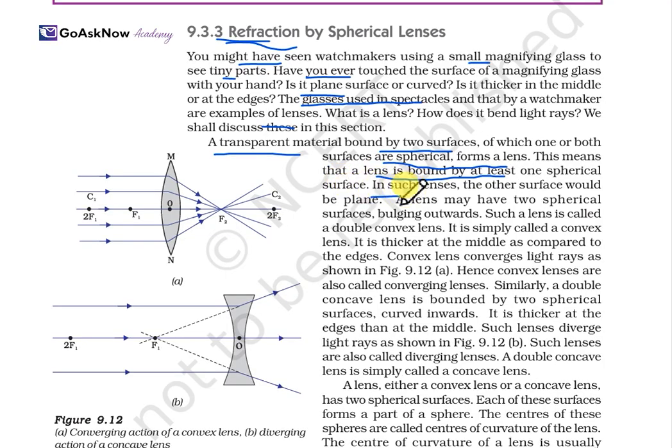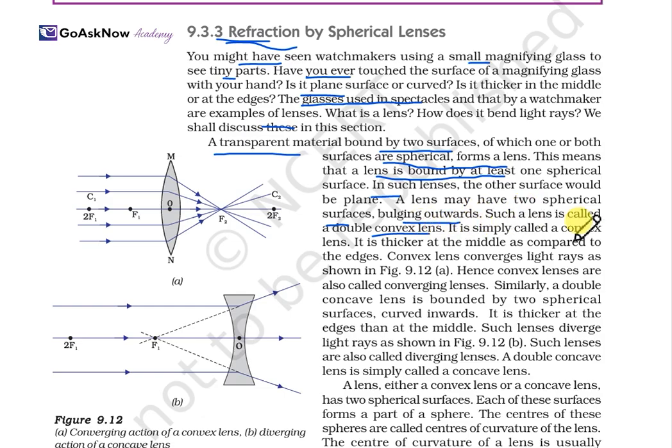In such a lens, the other surface may be plane, and the lens may have two spherical surfaces bulging outward. Such a lens is called a double convex lens. It is not having only one but two spherical surfaces, just bulging outward, and such a lens is called a double convex lens.